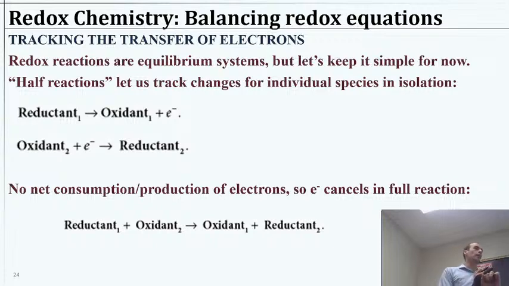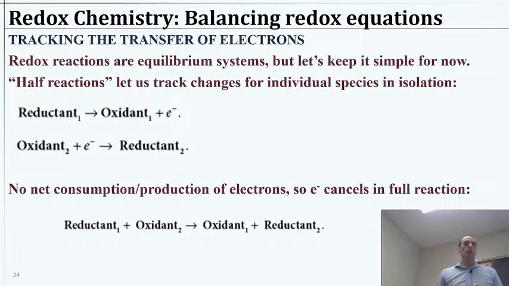In part, that's because in a total reaction we cannot have electrons in our stoichiometry, because we never produce or destroy electrons. The full reaction should have zero electrons. But to understand where they're going, we split these reactions in half and study the half reactions that way.